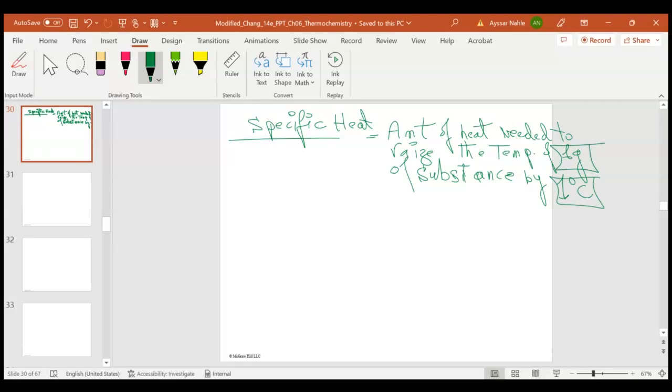So we have the amount of 1 gram, and that's the amount of heat or amount of calories here, okay?